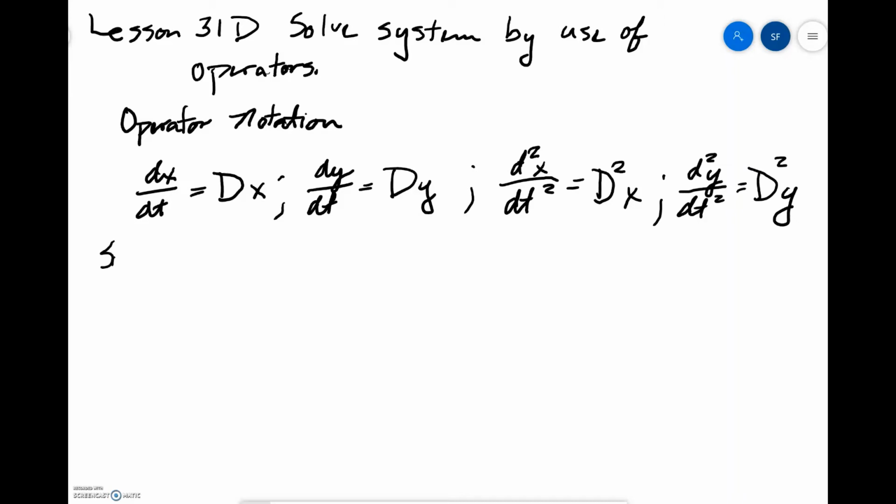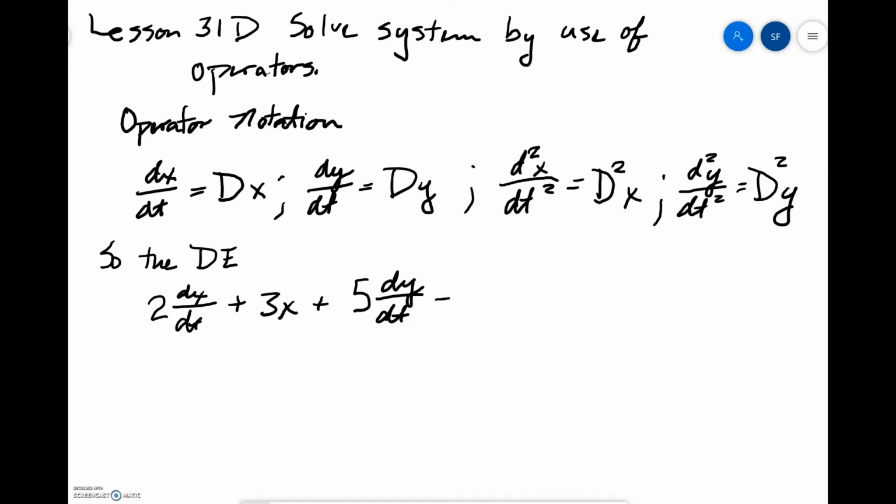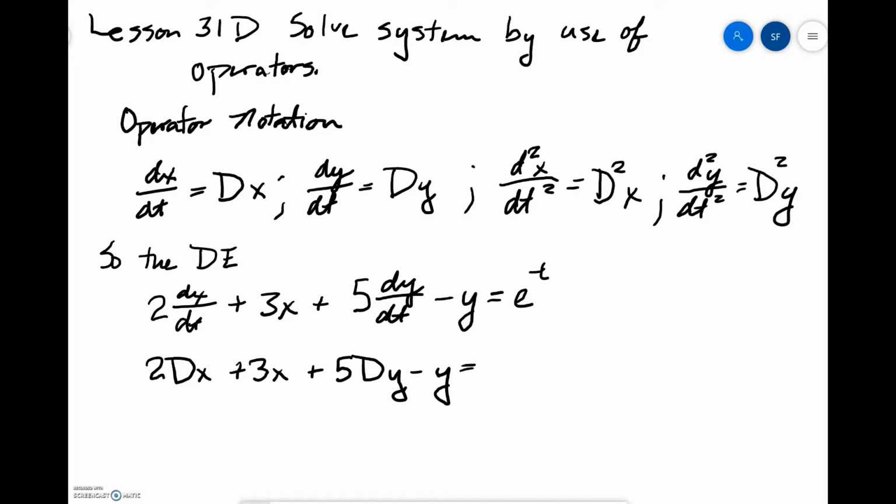Okay, and so if we wanted to rewrite the differential equation 2 dx/dt plus 3x plus 5 dy/dt minus y equals e to the t, we could write that as 2Dx plus 3x plus 5Dy minus y equals e to the t.